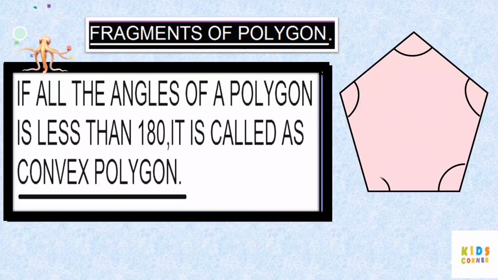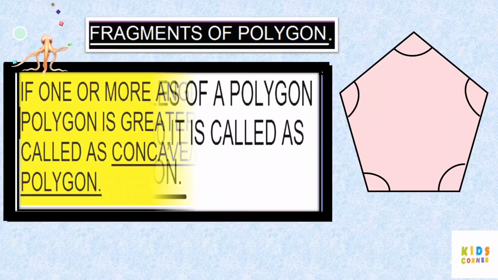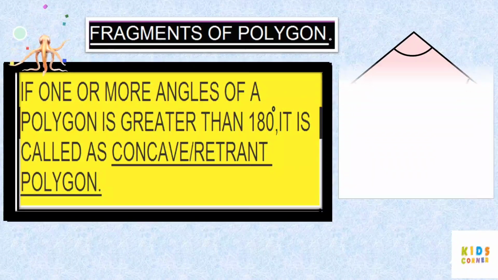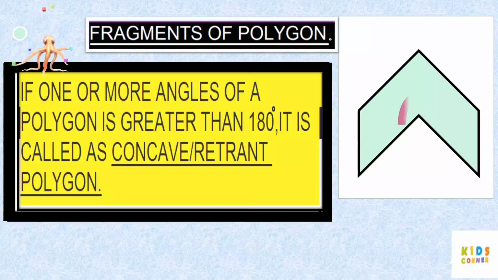And the second one is the concave polygon. In a concave polygon, one or more interior angles are more than 180 degrees. As you can see in the figure, the pink color arrow represents an interior angle which is more than 180 degrees. These polygons are also called rectilinear polygons.